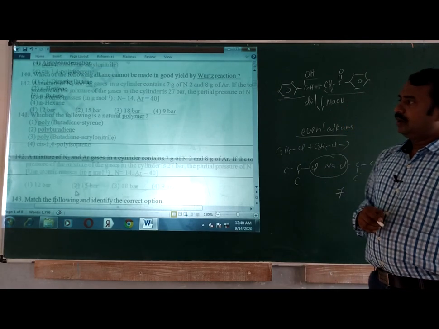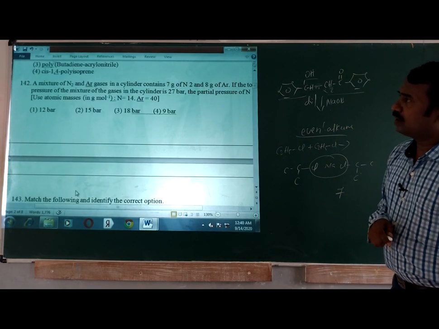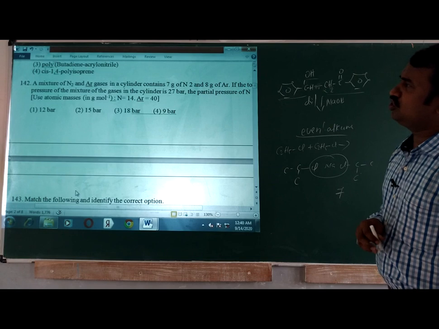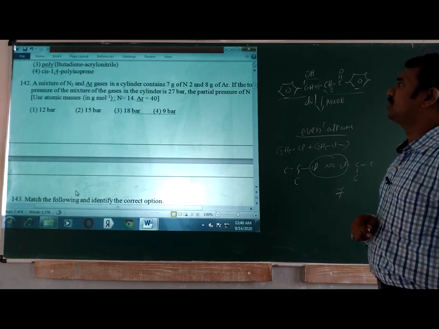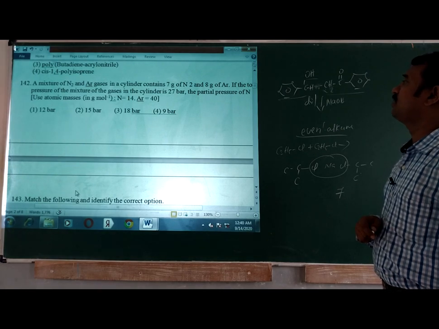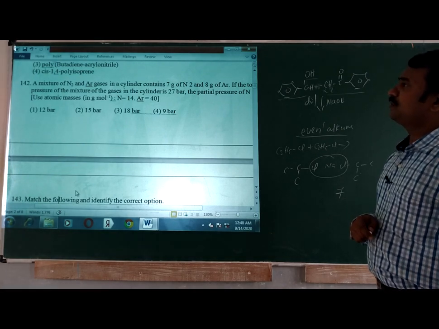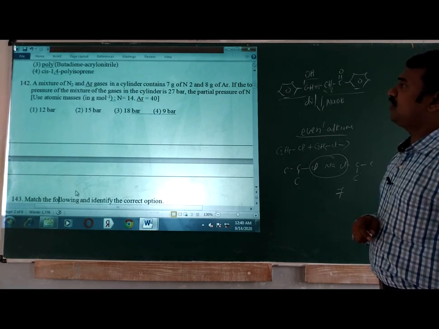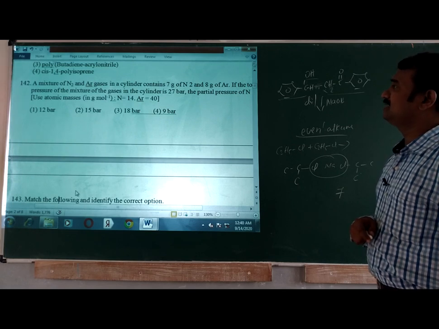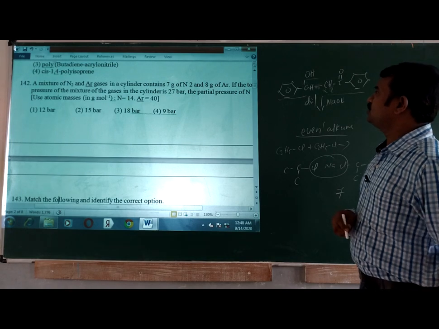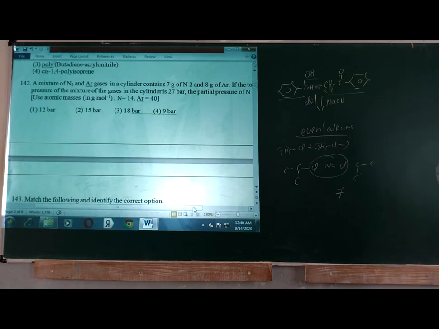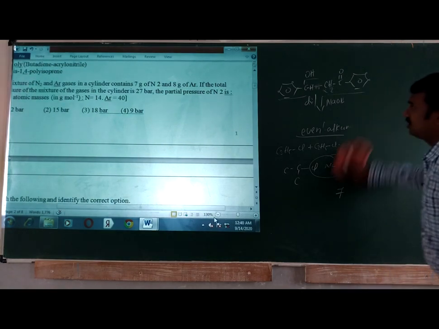Okay, next one. A mixture of nitrogen and argon gases in a cylinder contains 7 gram of nitrogen and 8 gram of argon. If the pressure of the mixture of gases in the cylinder is 27 bar, what is the partial pressure of nitrogen?